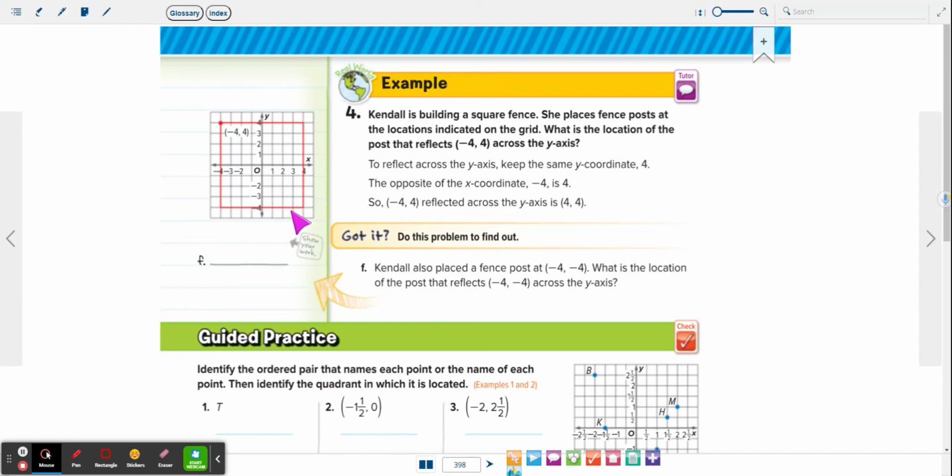We're staying on this same line, and we go over here to +4. So it's going to be +4, -4. And you want to write that like this. So we're still on -4 for the y, but the x changes to positive.